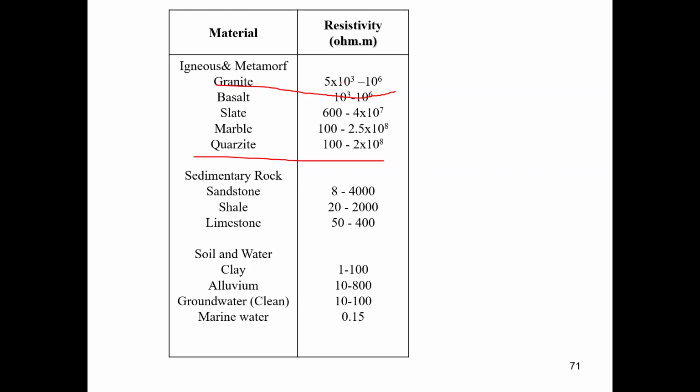The reason is because of water. If that material is underwater, soaked underwater, the resistivity will drop dramatically. Yeah? For example, granite here, if underwater, can reduce maybe to 100. Yeah, from our experience, granite can drop to 100 ohm meter.